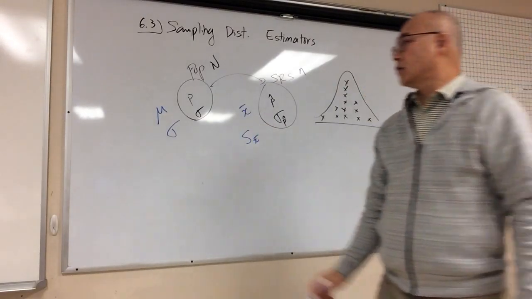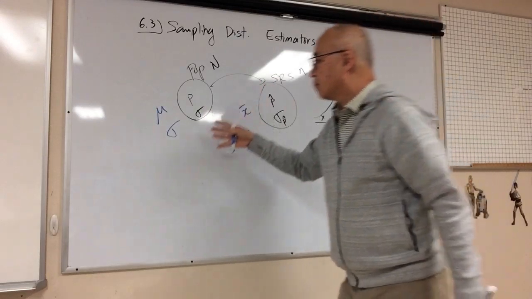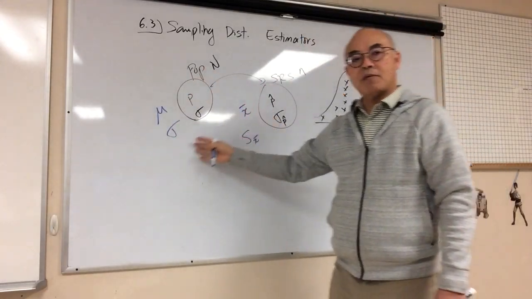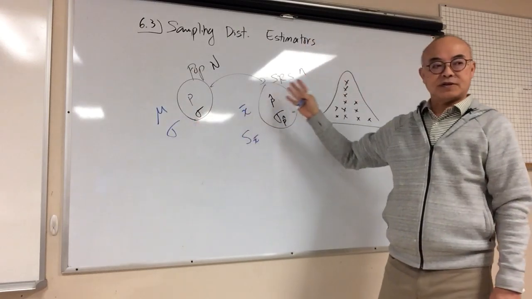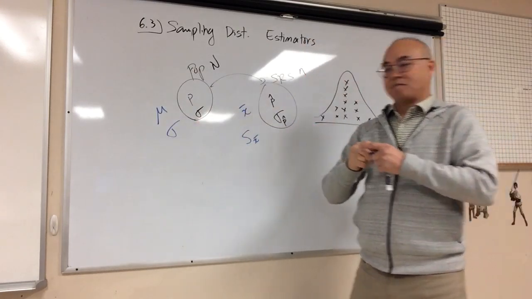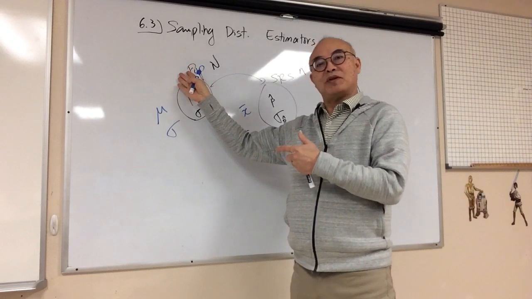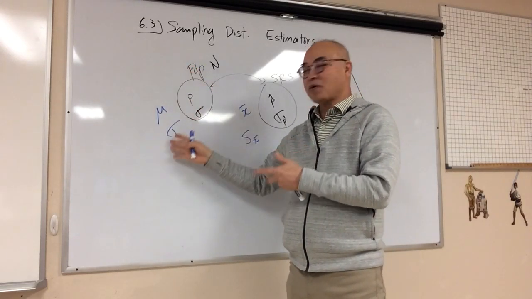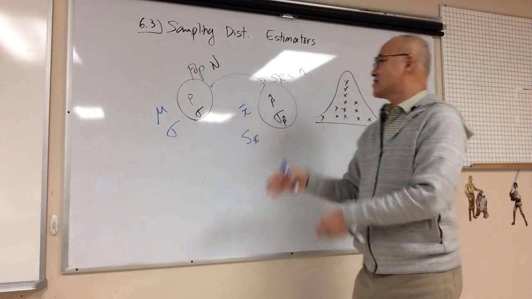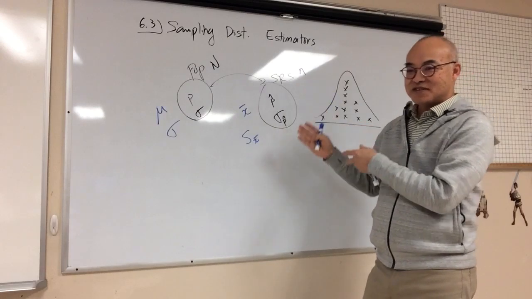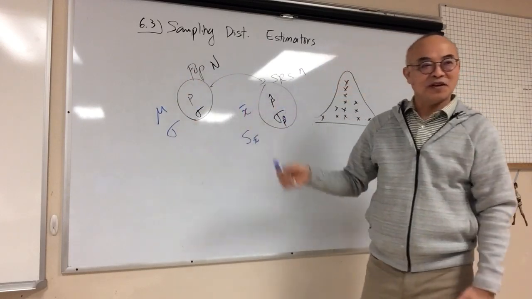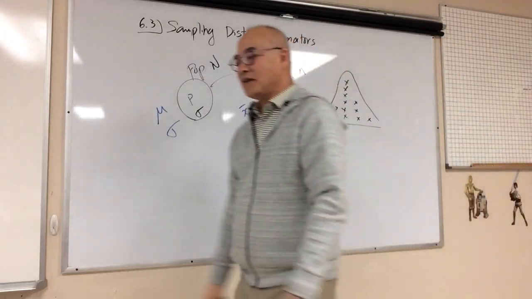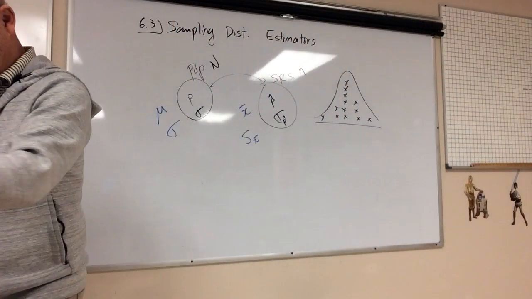Okay? All right. So again, these are the parameters. We talked about this, right? Parameters. These are the statistics, right? Population, parameter, sample, statistic. P and P, S and S, right? Easy to kind of remember, right? Okay, so that's that.